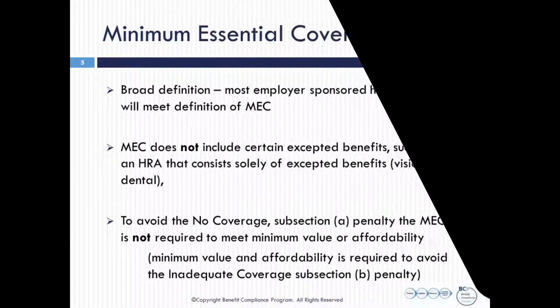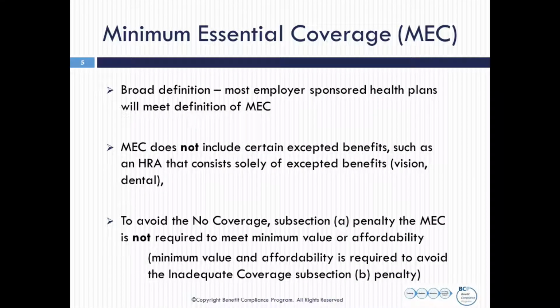Now, what it does not include would be excepted benefits, such as if you have an HRA that pays out only vision and dental, or a health flexible spending account by themselves, those are excepted. So it does have to be a major medical type of health insurance plan.